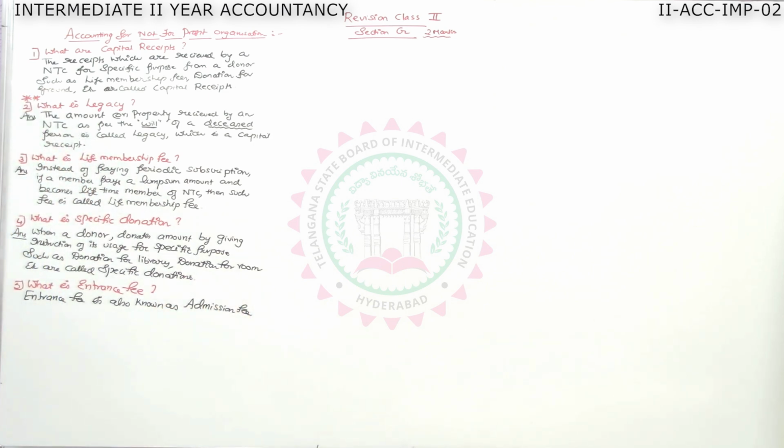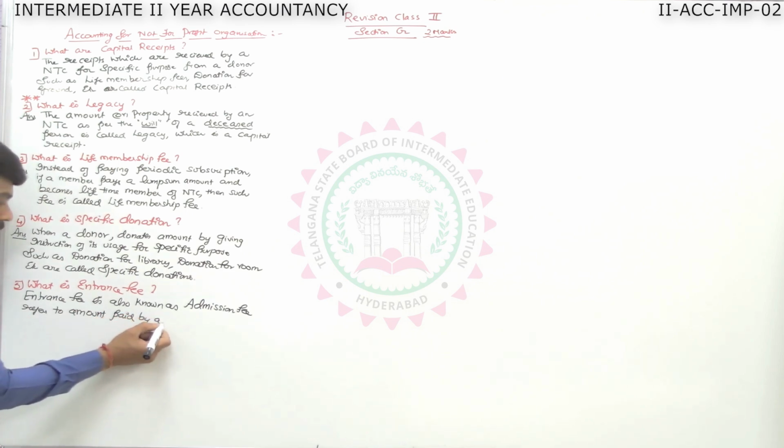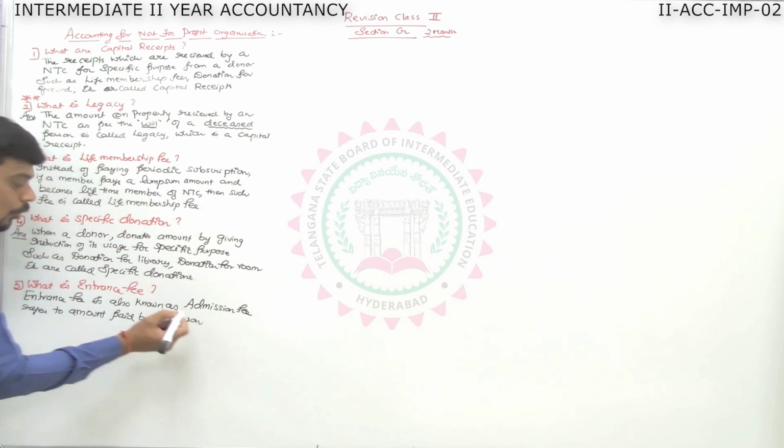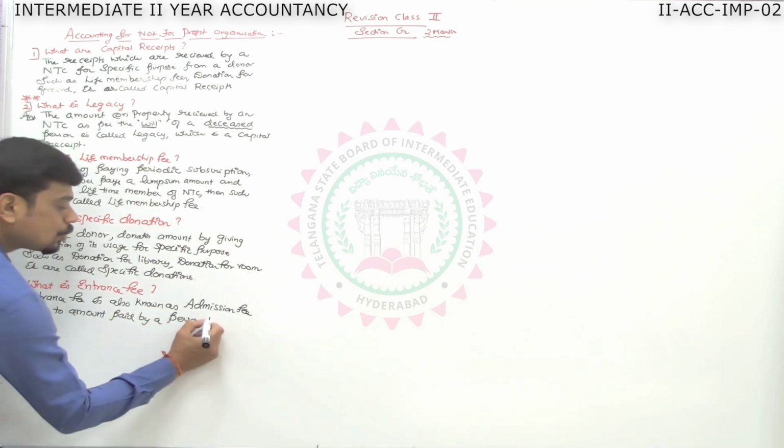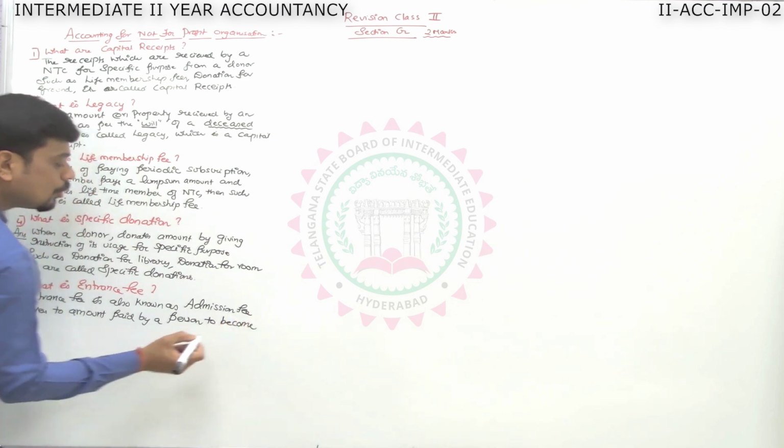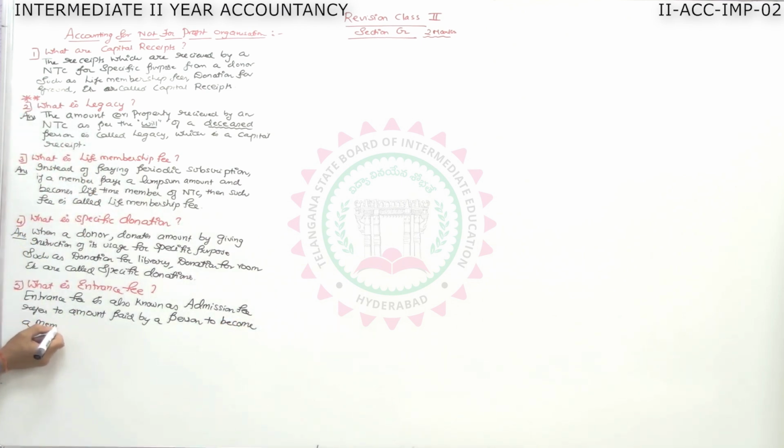You can call it as admission fee, also known as admission fee, refers to amount paid by a person to become a member. Refers to amount paid by a person to become the member.